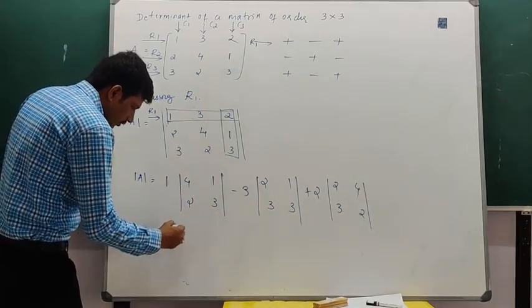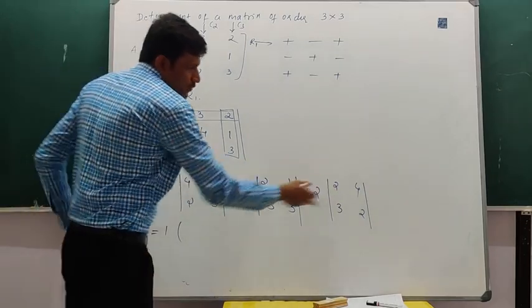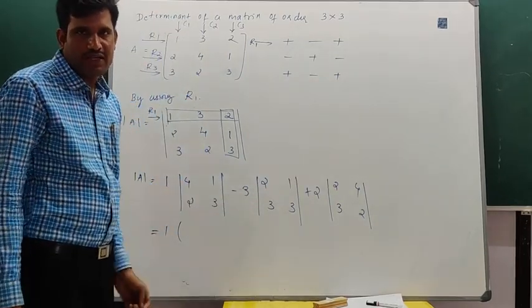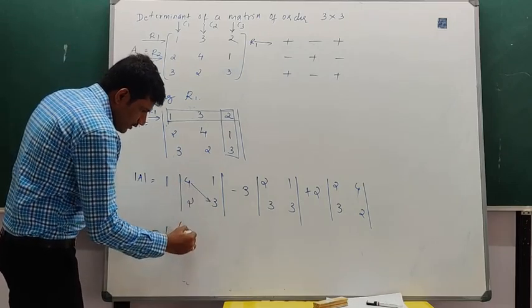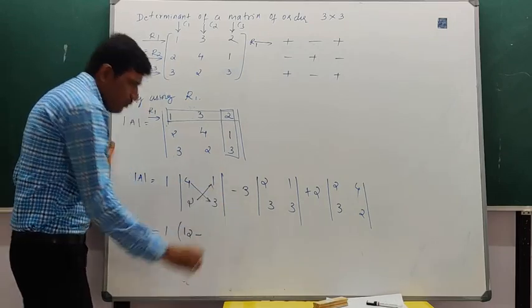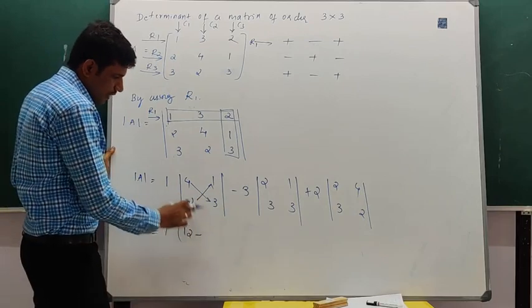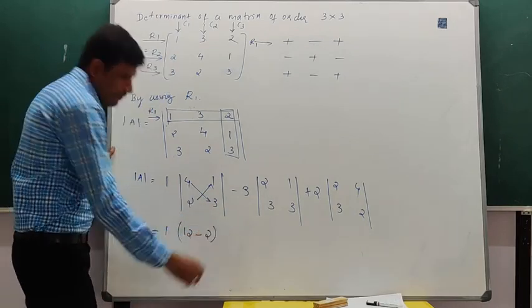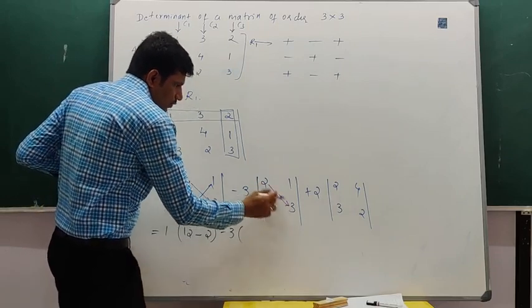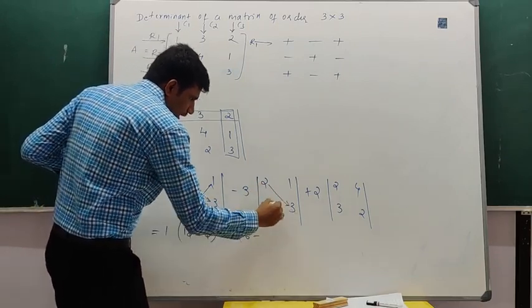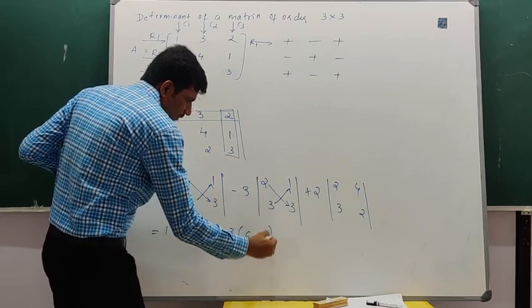See here. We already know how to expand. These all are 2 cross 2 determinants. Already explained how to expand. First we have to multiply these two: 4 into 3 is 12 minus 2 into 1. Right, so minus 3 into, now we multiply these two: 2 into 3 is 6 minus 3 into 1 is 3.